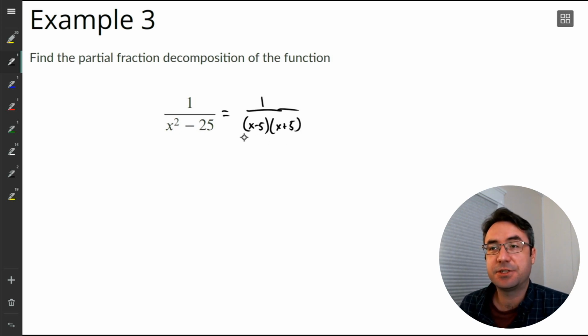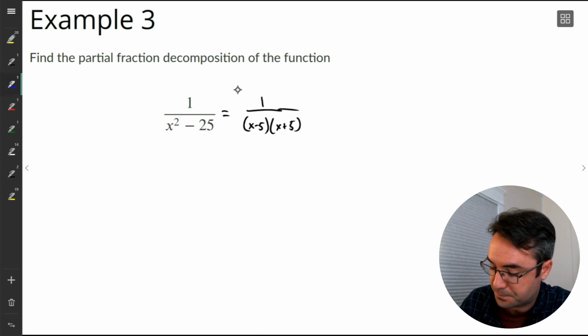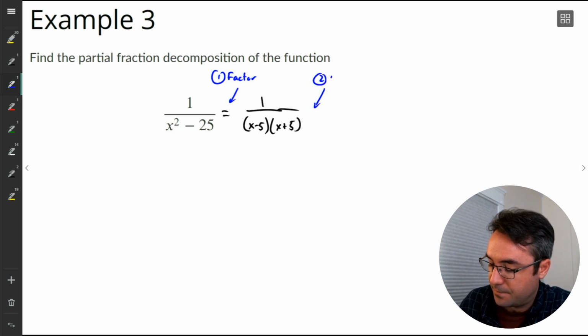And now we see that it's just two linear terms being multiplied together. So step 1 here is to factor. Step 2 is to write down our partial fraction form.